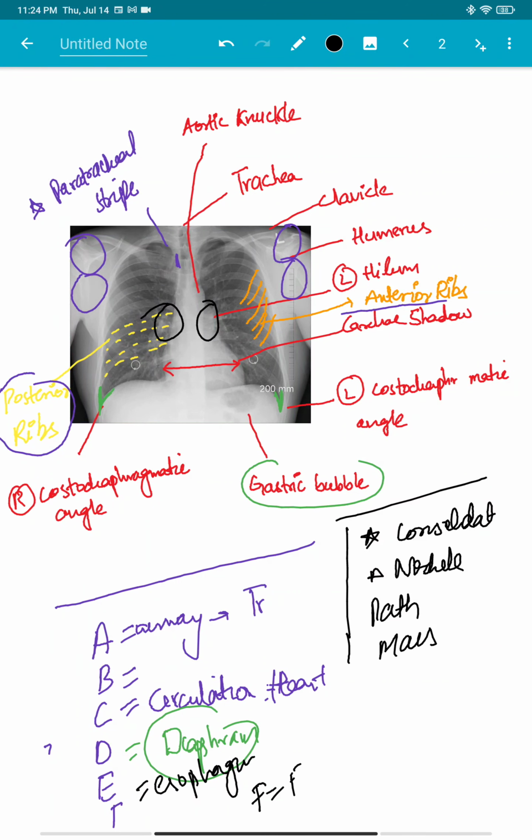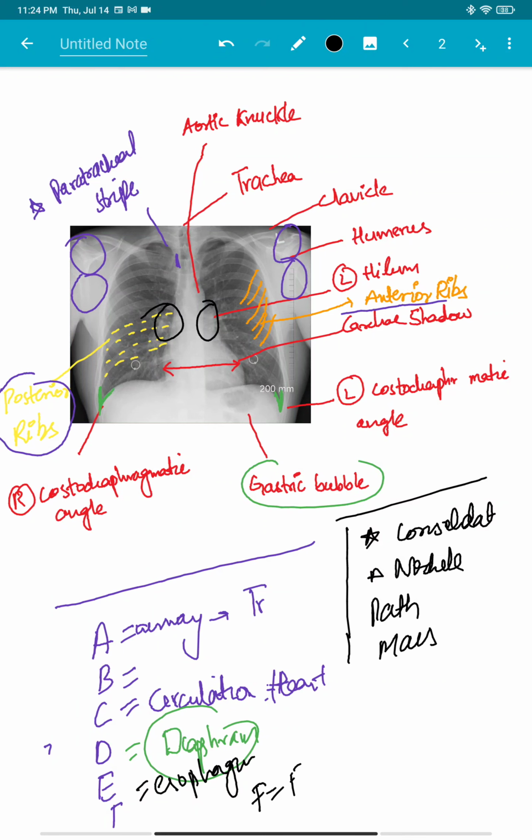Most common are sarcoidosis, tuberculosis, etc. This is the basic thing that we need to know about the chest X-ray before going on to look for any pathologies. These are the basic things. In the upcoming lectures we will talk about more advanced things about the chest X-ray.